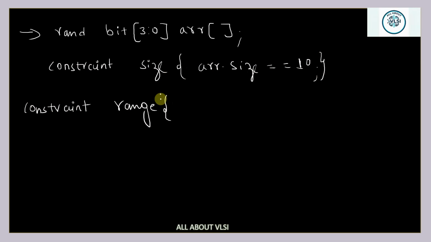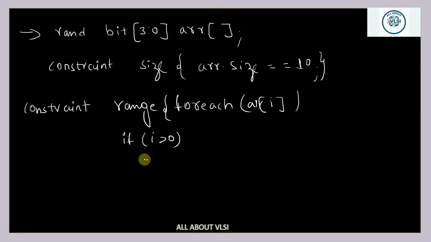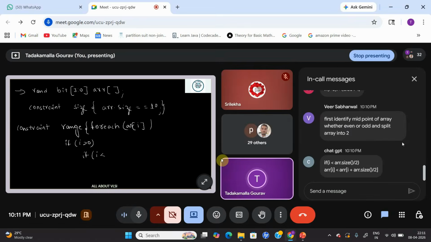Now here I'm going to use my foreach loop so that I can index through all the values of my array, arr of i. If my i value is greater than 0, then I'm also going to check for my size. If my i is less than, what is a system task which we can use for checking the size?